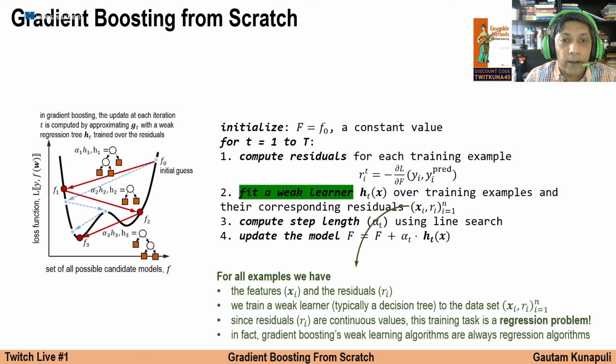So we fit a weak learner with the training examples as features as usual, but instead of the true labels, we use the residuals. Essentially, we would end up fitting a weak learner that approximates the true gradient.